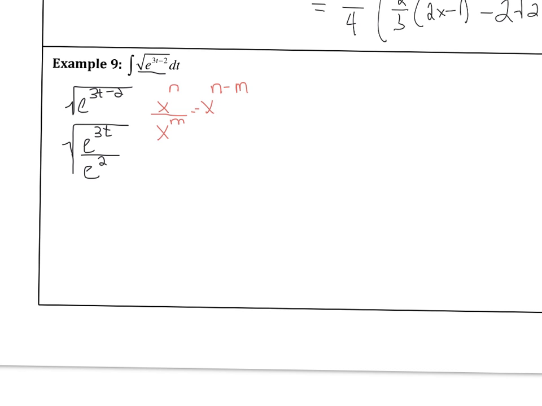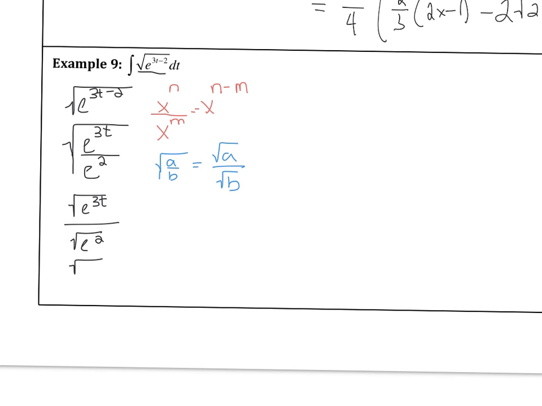Then I'm going to use a property of radicals that says the square root of a over b is equal to the square root of a over the square root of b. So that I can write this as root e to the 3t over root e squared. Oh, hey, so that's something. What's the square root of e squared?